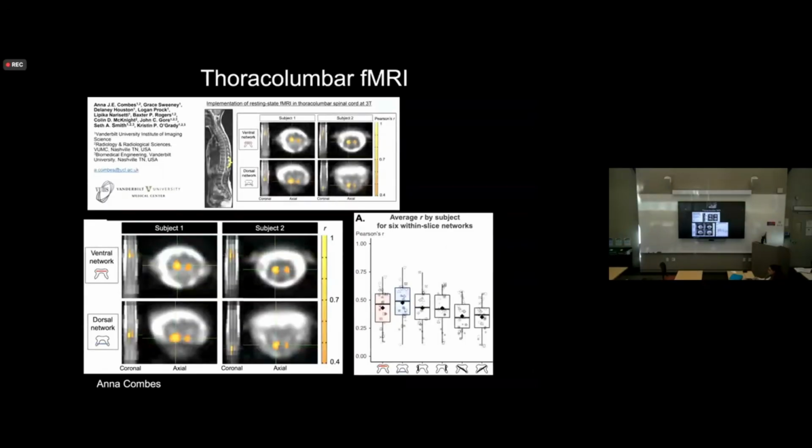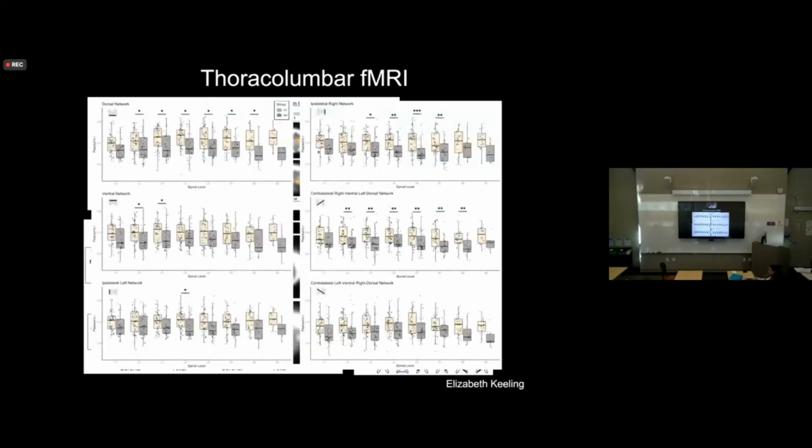Also, some of the work that Anna Combs and Kristen's lab looking at functional connectivity of the spinal cord. Elizabeth Keeling's been showing, again, that we can identify differences between the different networks in the thoracolumbar cord, just like we can in the cervical cord.